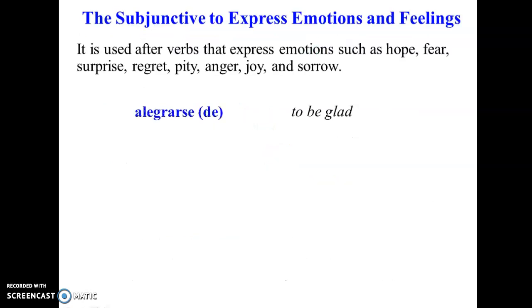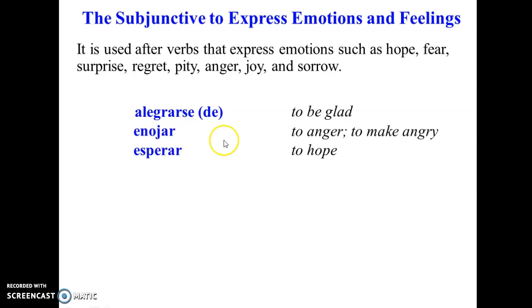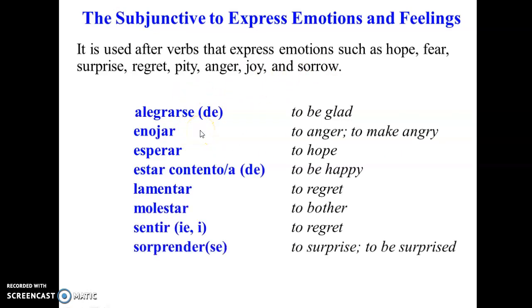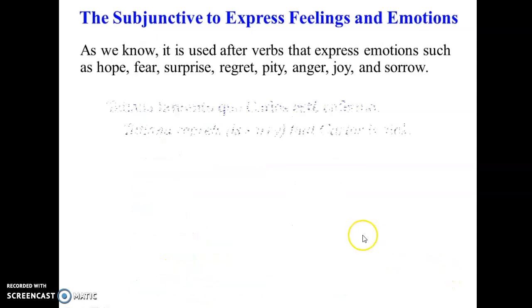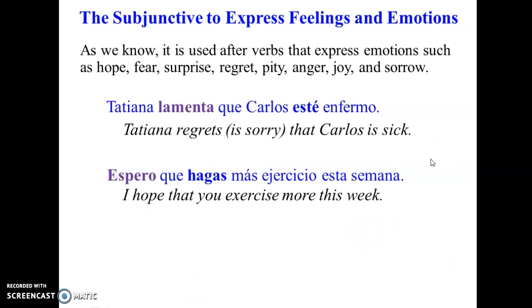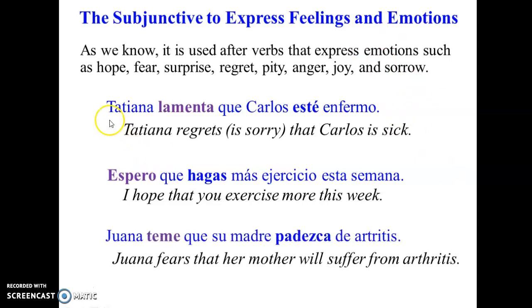The ones that express emotions, we saw this already. Some of the common verbs that express emotions: alegrarse, enojar, esperar, estar contento, lamentar, molestar, sentir, sorprender, temer, tener miedo. We already saw these sentences in previous presentations.